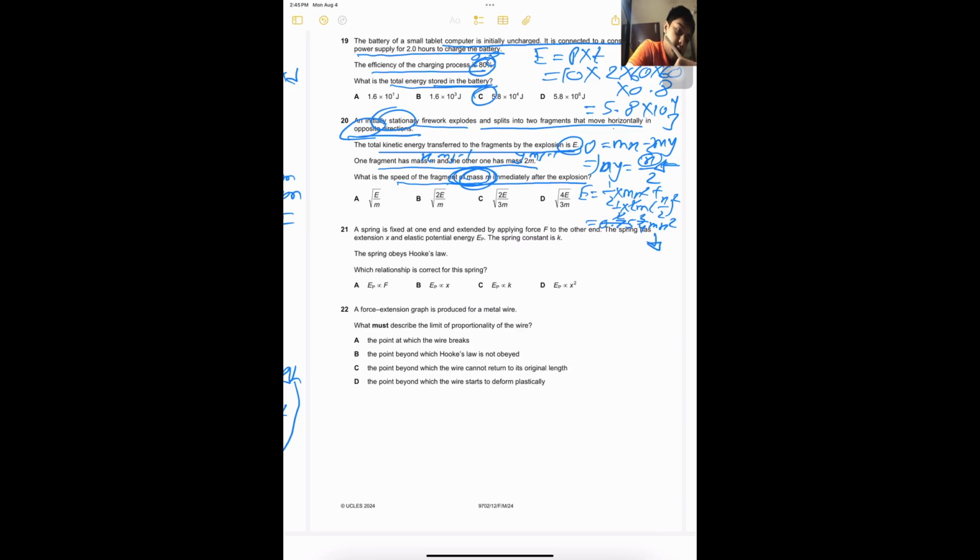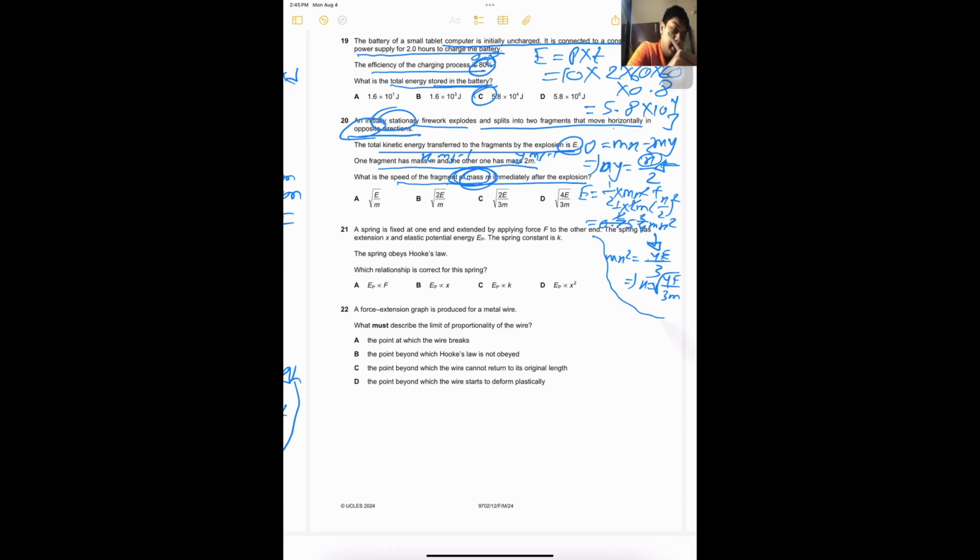When you bring it down, it would become mx squared equal to 4E by 3, or x will be root of 4E by 3m.